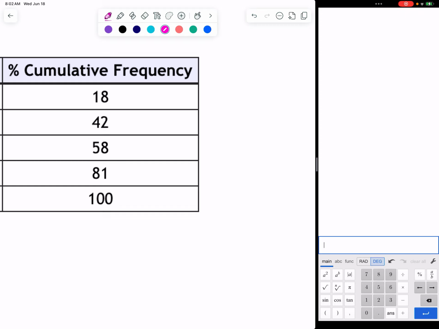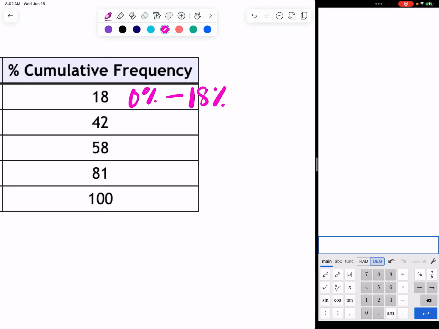And in that, it talks about how this 18% cumulative frequency doesn't just contain 18%. It contains from 0% all the way up to 18%.